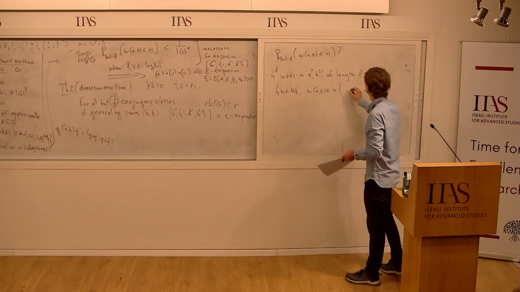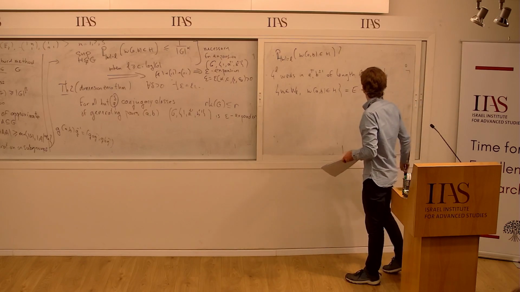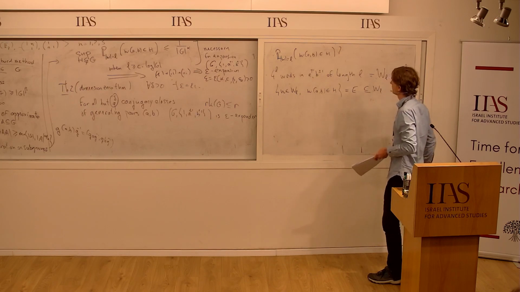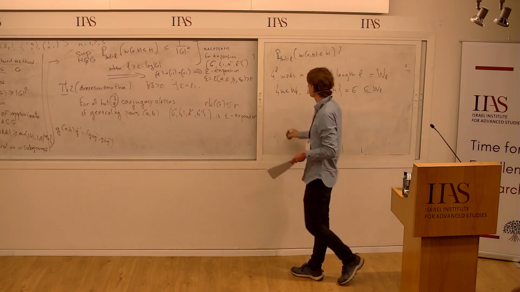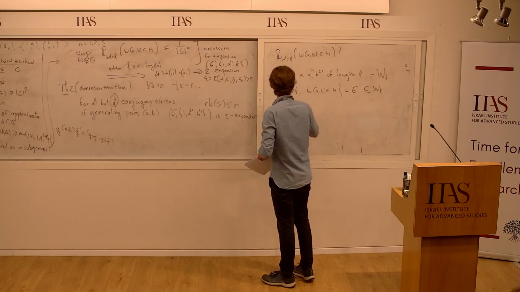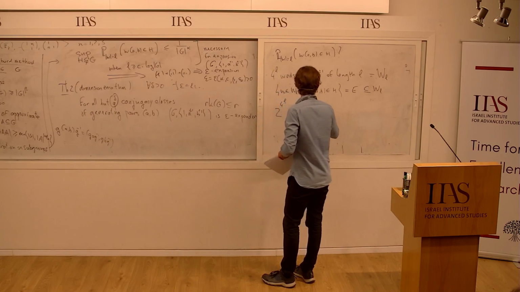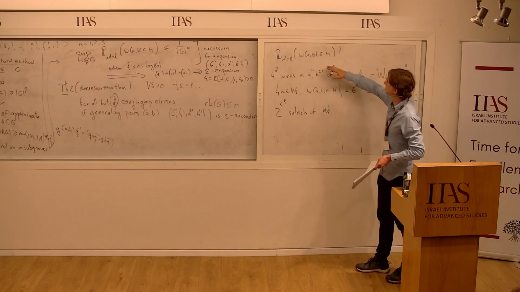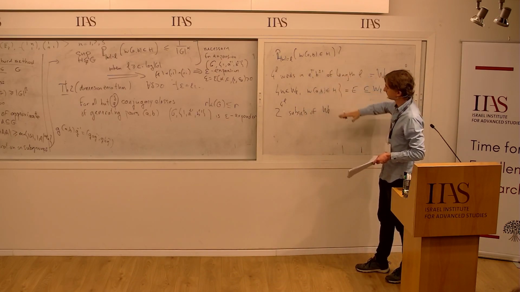This can be some set E, a subset of W_L. But a priori, you have lots of such sets. You have 2 to the 4 to the L subsets of W_L.